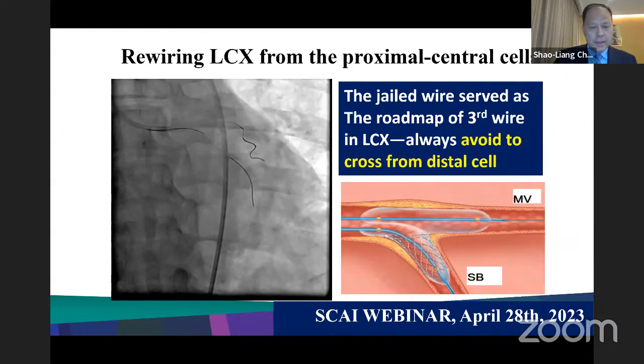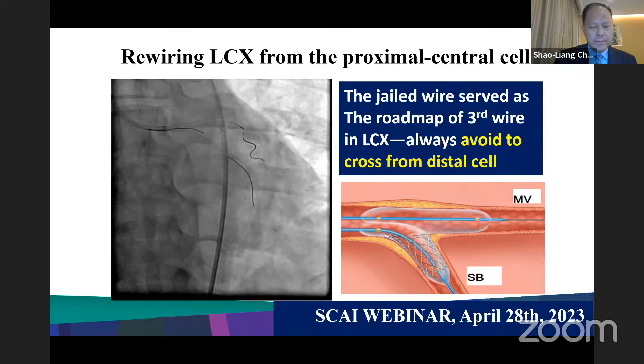Immediately after the balloon crush, you need to rewire the side branch, because we kept the LAD wire in position. We use a third wire, according to the map of the previous wire in the LAD, to rewire from the proximal cell.